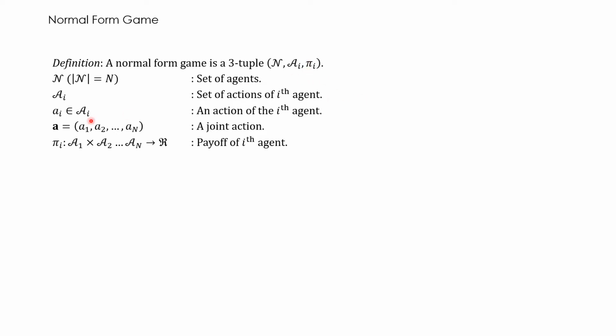And pi i is the payoff of each agent i, and that's a mapping from the joint action space to a real number. And lowercase a is any joint action of all agents a1 through an. And so for each joint action, each player or each agent i receives a payoff.